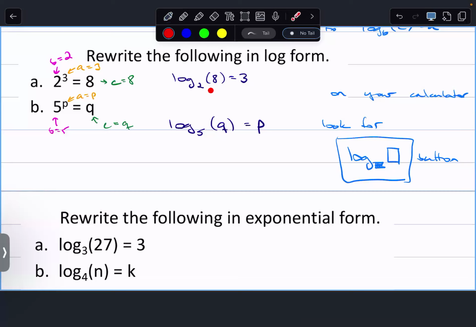We can confirm the first one, not the second one, because we've got variables in there, but log base 2 of 8 should be 3. So if I do log base 2 of 8, I get 3. Phew. So you can also confirm it that way. And this, or at least it's filled in for me.